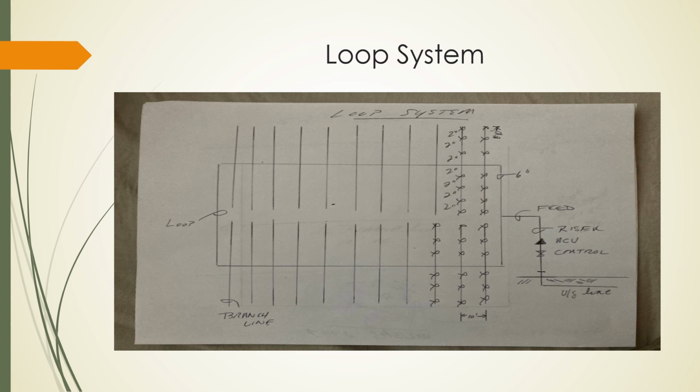So we have this 6-inch loop that runs around, and then you have branch lines that are fed off the loop, and you can see that in this case you have 2-inch branch lines. Inside at the top is 4, outside is 3 sprinkler heads, and then there's 3 and 3 on the other side.